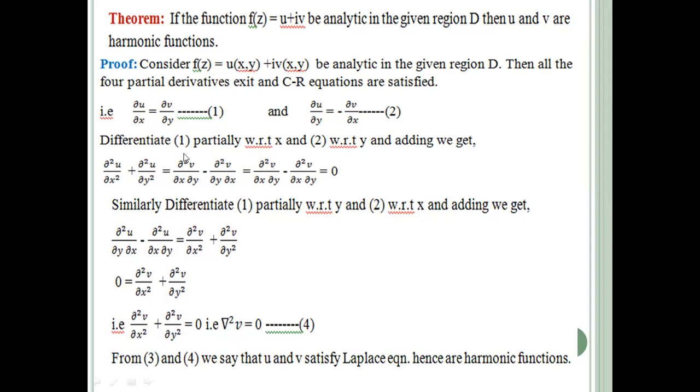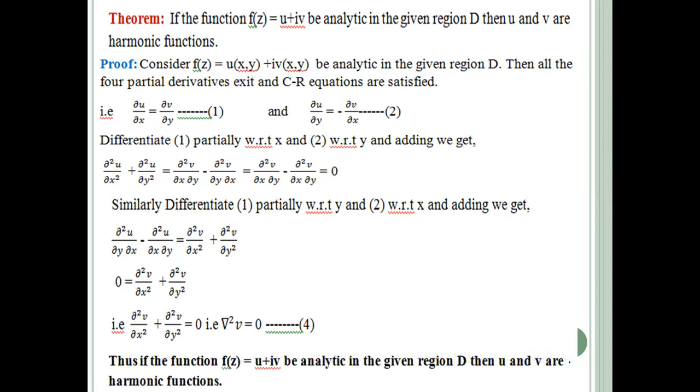From the previous 3 as well as 4, you can say that u and v satisfy the Laplace equation. Hence, these two are harmonic. In this way, once the function is analytic, both u and v are harmonic.